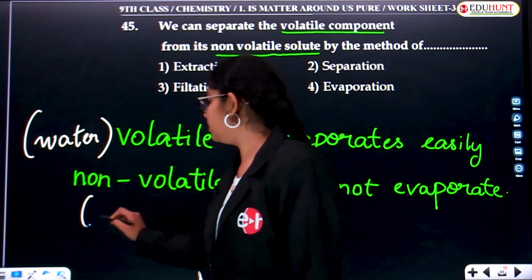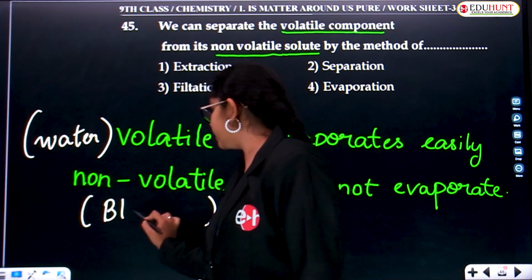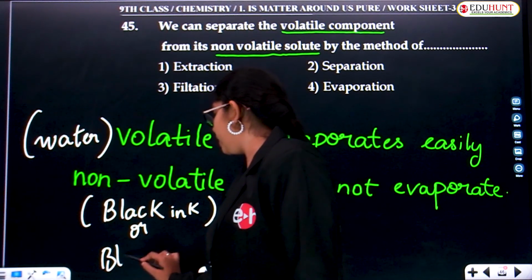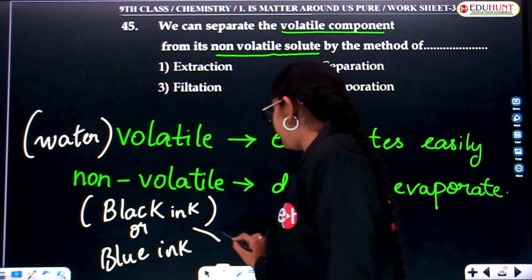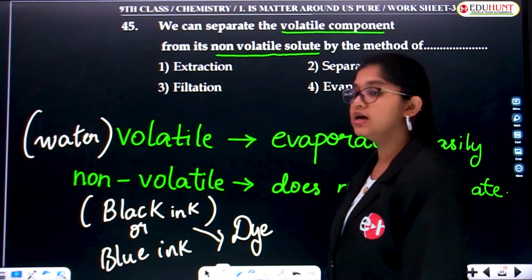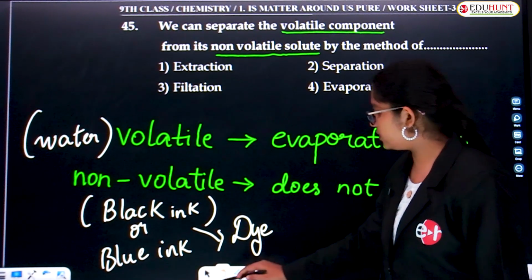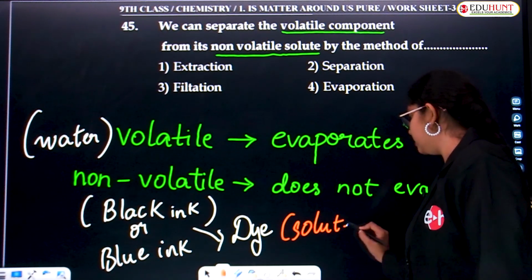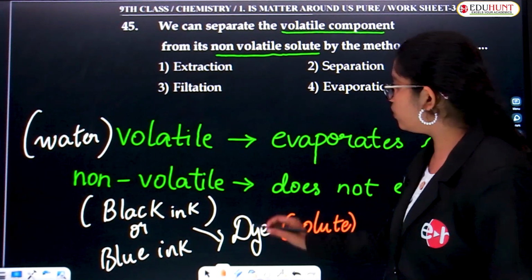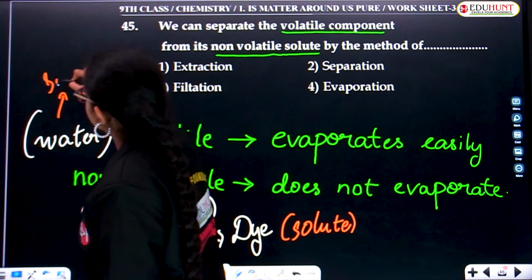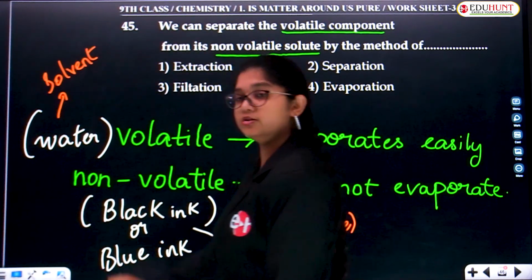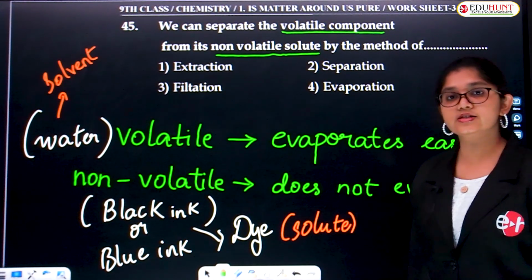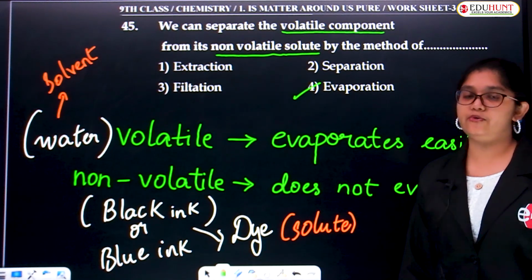That dye is termed the solute. It does not evaporate, it is left behind in the experiment. Water is acting as the solvent. You remember? So what is the correct option here? It is option 4, evaporation, right?